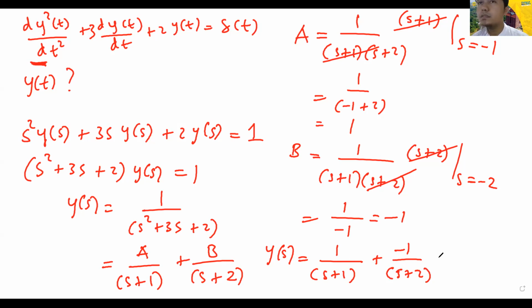And then we can directly convert to the time domain. So y(t) becomes equal to e to the minus t minus e to the minus 2t. Okay, that's the result.